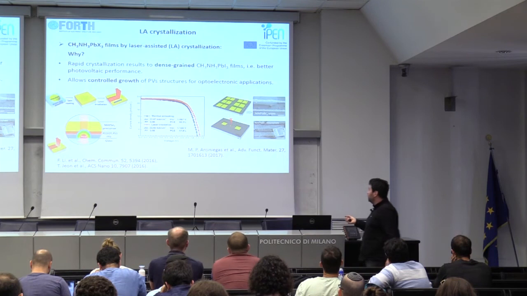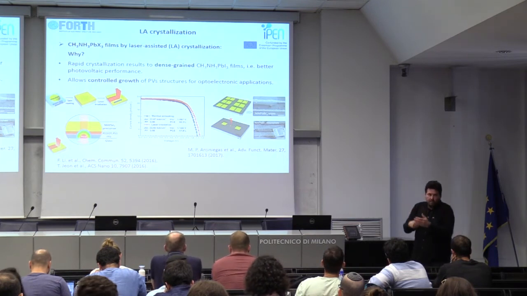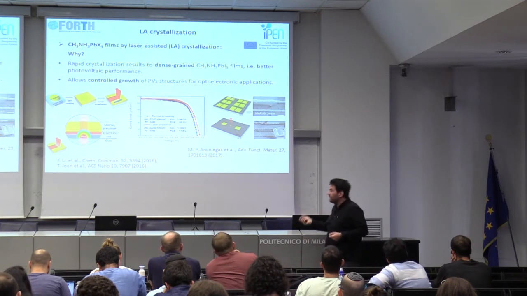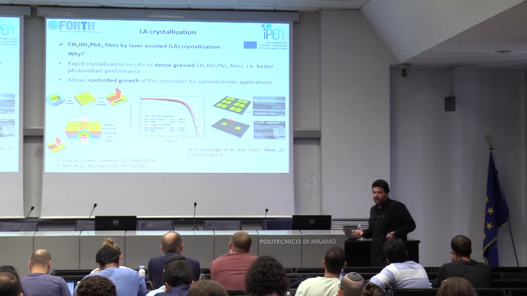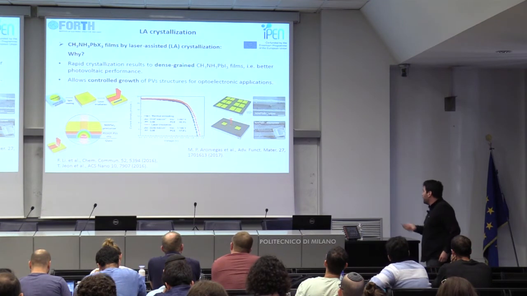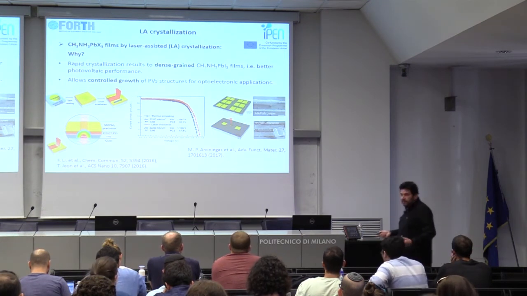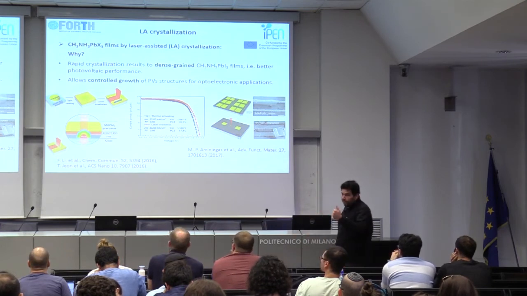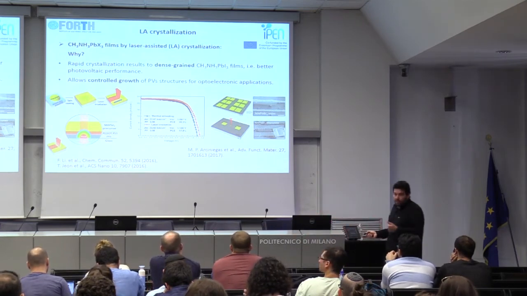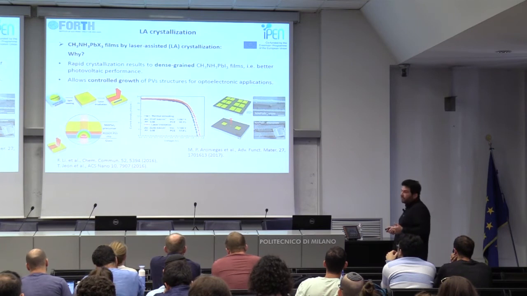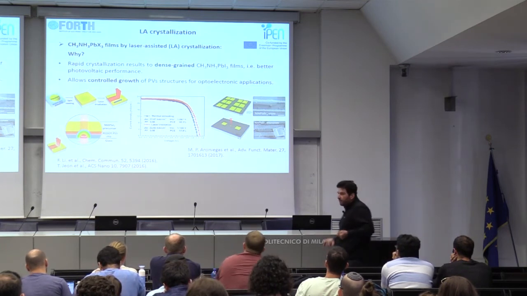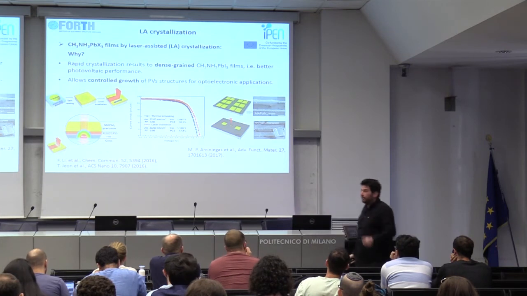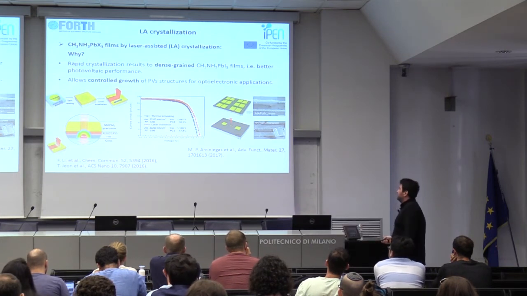Whereas when you use a laser beam which is focused, you can have the controlled growth of perovskite structures, and you can create microchannels, let's say, or whatever structure you like. So the first advantage is that you can do it very fast, and you can end up with better quality crystals. Whereas the second advantage is that you can control the shape and the size of the grown patterns.